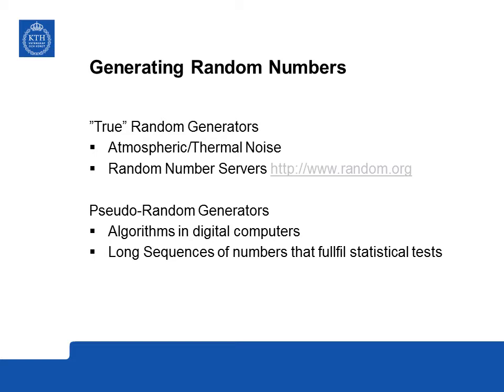There are actually on the web random number servers, for instance, www.random.org, that provides random numbers generated in this way. And they can be seen as truly random, because it's of course very difficult to predict the random movements of particles in a resistor or in the atmospheric gases.